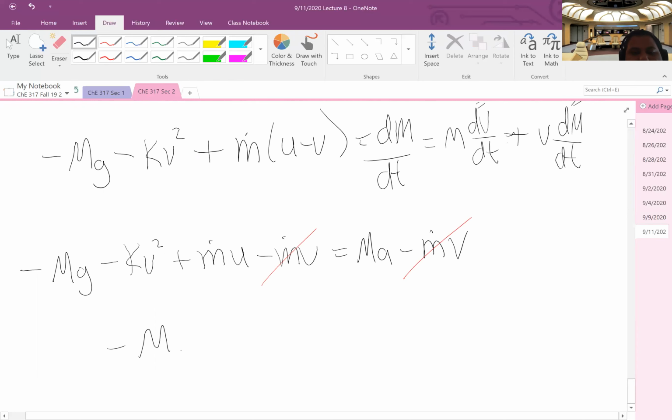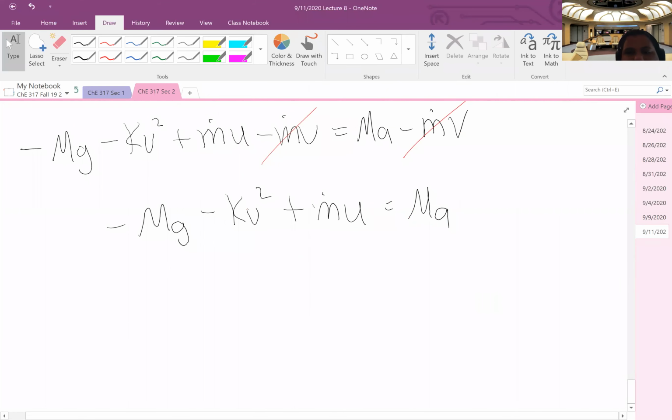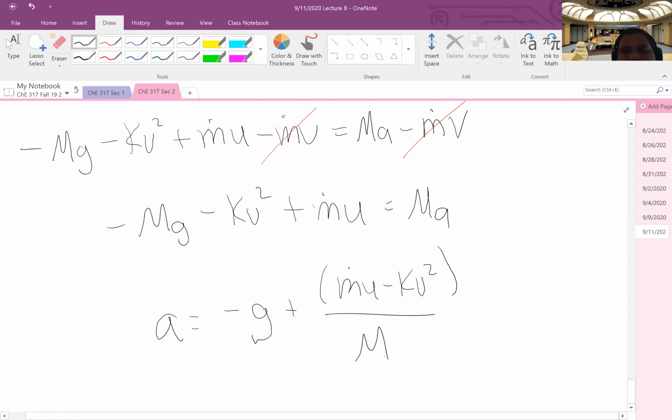So we're left with big M times G minus K V squared plus little m times u equals mass times acceleration, which means acceleration is just divided all by the M, and we're left with negative G plus the quantity mu minus kv squared over big M.